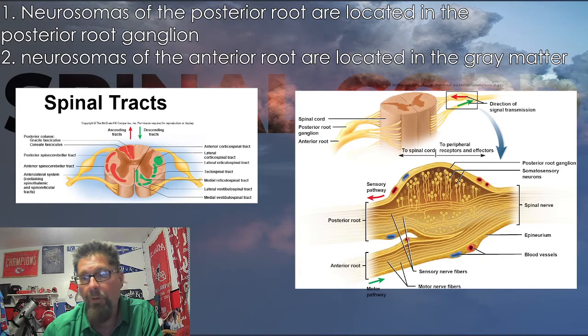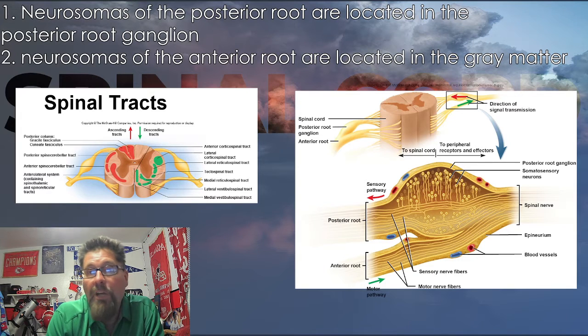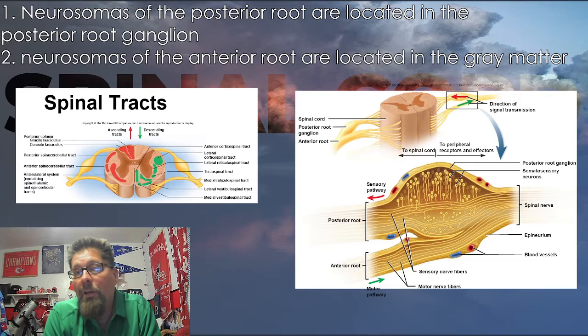And we reference neurosomas to tell us that for the different ganglia, they're located in different areas.